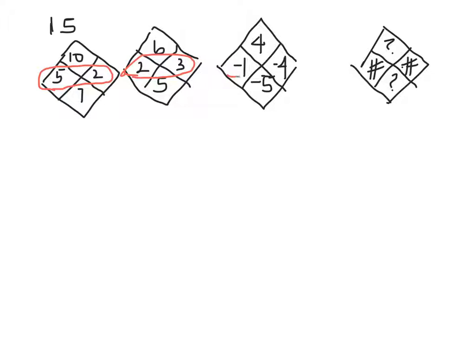Over here, I have a negative 1 and a negative 4. And there's a 4 up top. What do they do, mathematically, that makes them positive 4? Have you got it? Let's take a look at the diamond problems we're supposed to do.